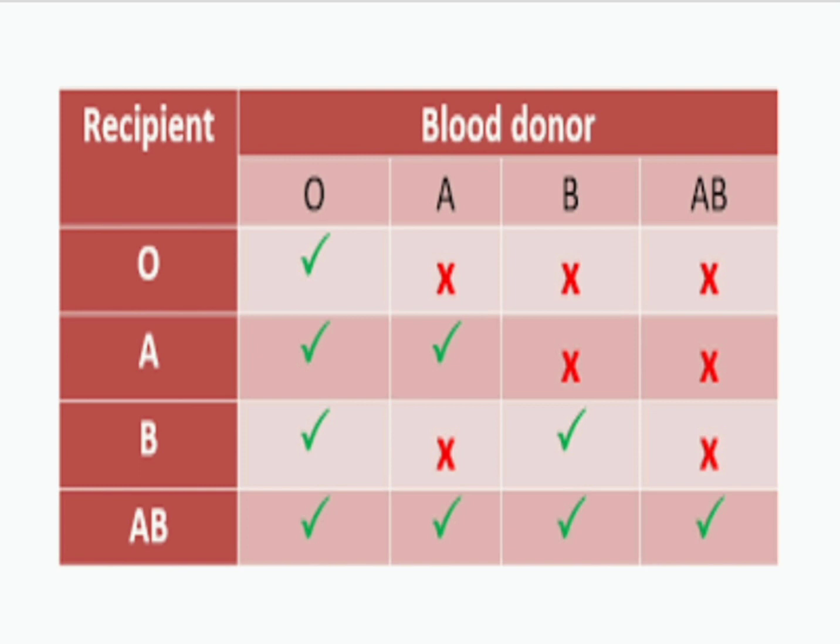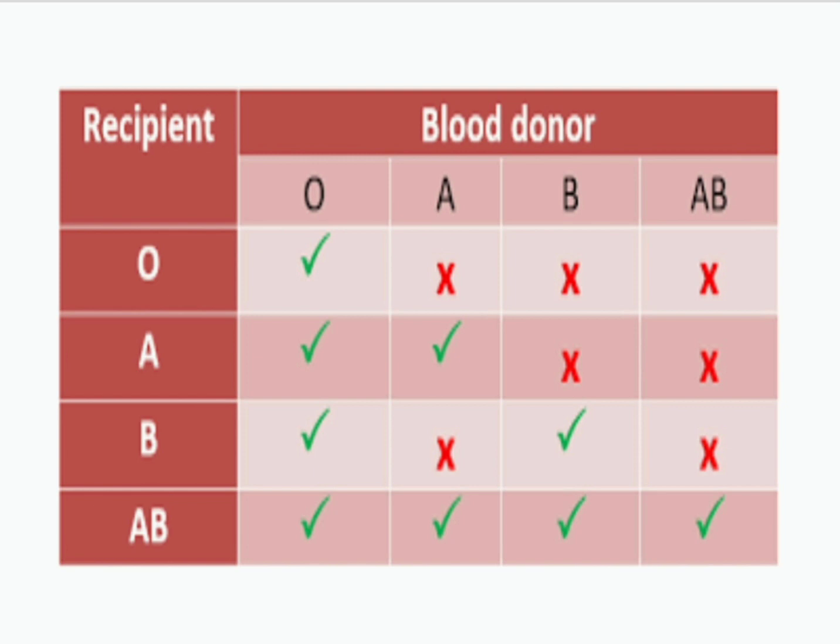A person with blood group A can give blood only to a person having blood group A or blood group AB. Then in the third column you see a blood donor with blood type B can give blood only to a person who is having blood group B or AB. And finally a person with blood group AB can give blood only to a person who is having blood group AB.